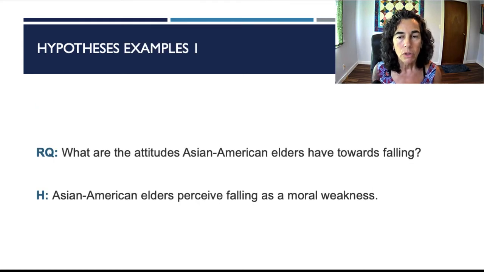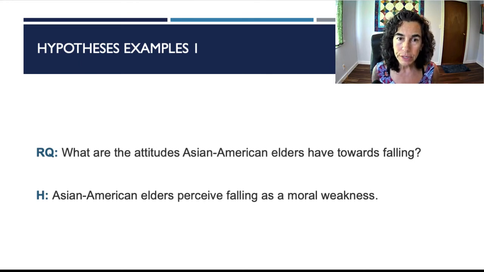All right, so using our general example, here's a hypothesis. The research question: what are the attitudes Asian American elders have towards falling? The hypothesis is that they perceive falling as a moral weakness.